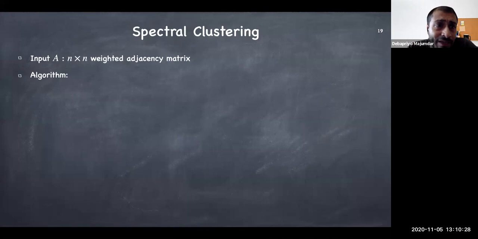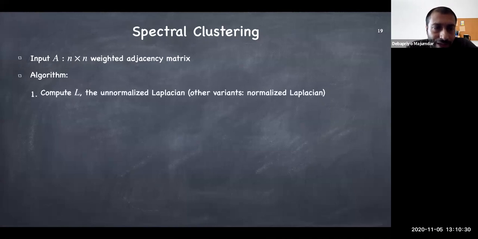The algorithm will be like the following. We compute L. Now this L we have learned is the degree matrix minus the adjacency matrix. This is called the unnormalized Laplacian. There are actually multiple other variants. We're not going into that, but it's like D to the power minus half, L, D to the power half.